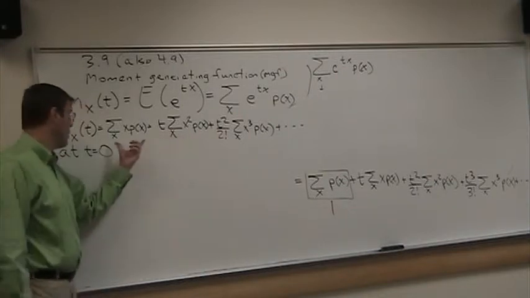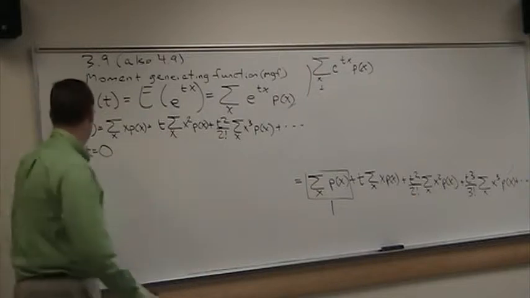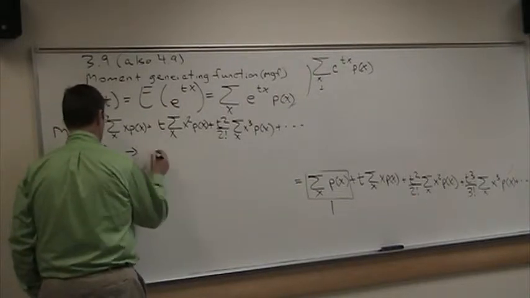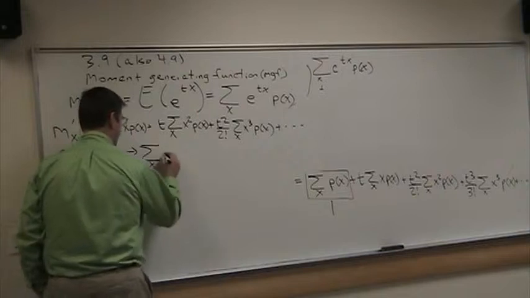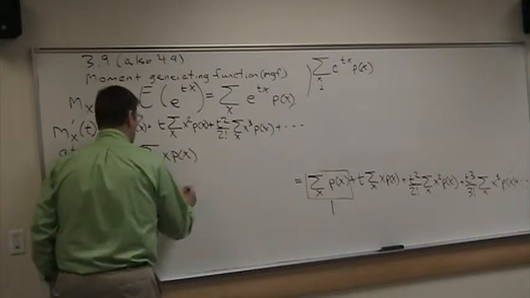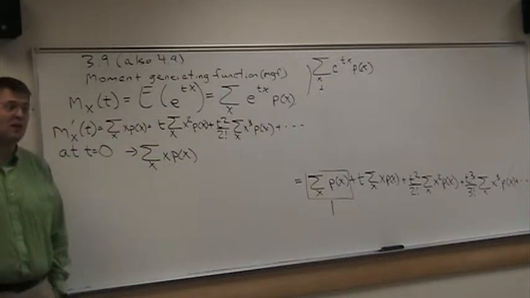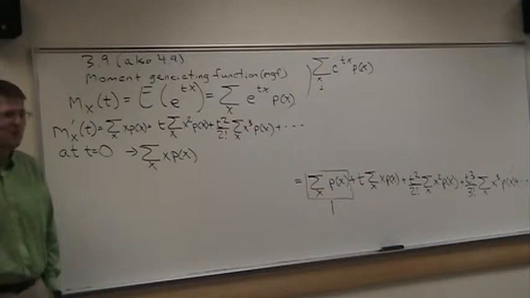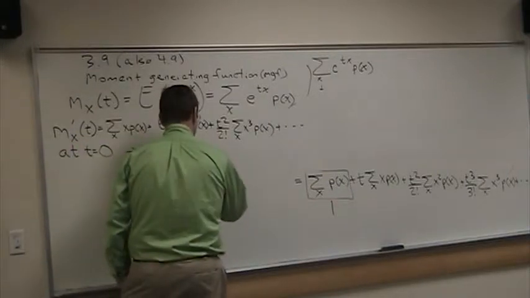All of these are 0, it's just that, right? And that is just the formula for the expected value of x, right?